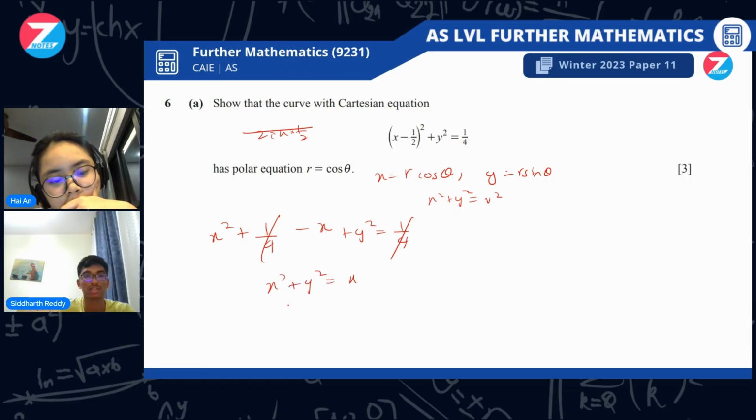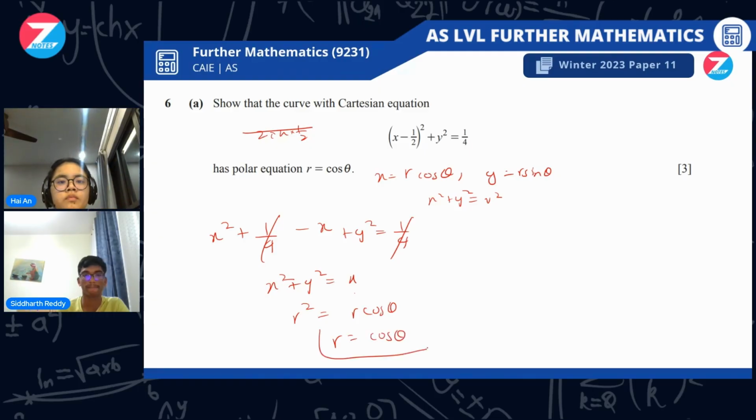Bring the x on the other side. And remember x square plus y square is just r square, and x is going to be r cos theta. So r is just going to be cos theta.